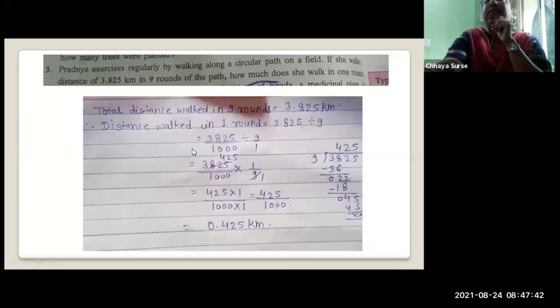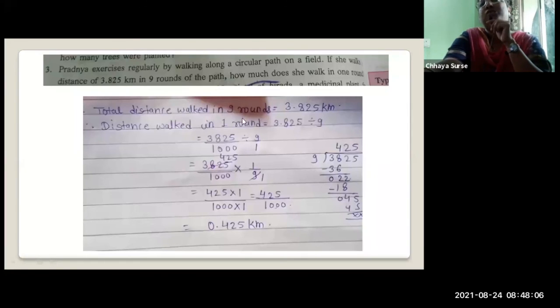That's why we did the divide here. Understood? Why did we divide? Because the information given here is about the 9 rounds, and now we find about the one round. That's why we are doing the divide.